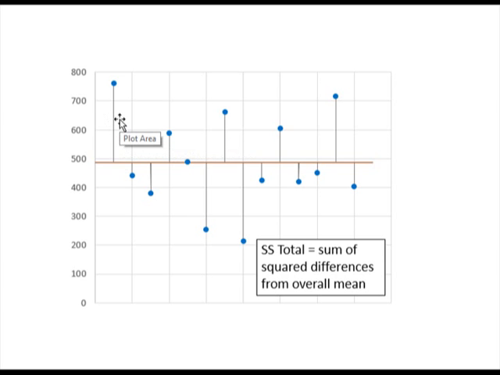If you square that, you get one component of what's called the sum of squares total. It's measuring the total variation of these data points from the mean of 486. So we calculate those differences, the length of those lines, for every observation, square each one, and add them all up, and we get this thing called the sum of squares total, or sometimes the total sum of squares. It's the sum of all of those squared differences.